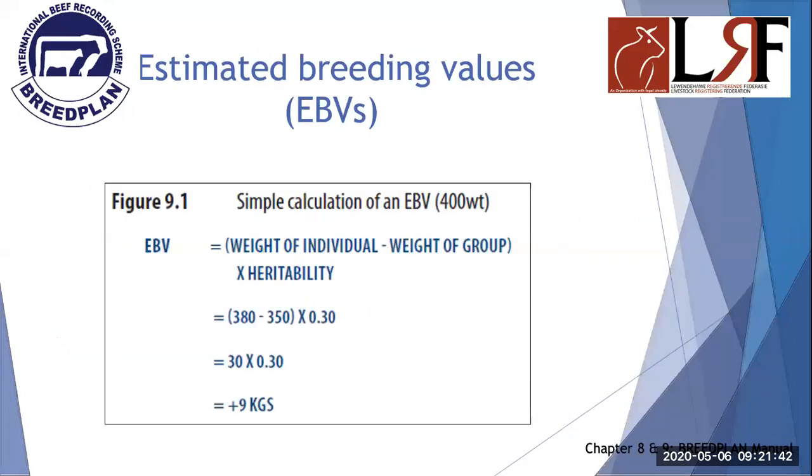So just quickly going to look at the simple calculation of an EBV. You take the weight of the animal minus the weight of the group. Now this group is the contemporary group, the group of animals that this animal grew up with and shared an environment with, times the heritability.